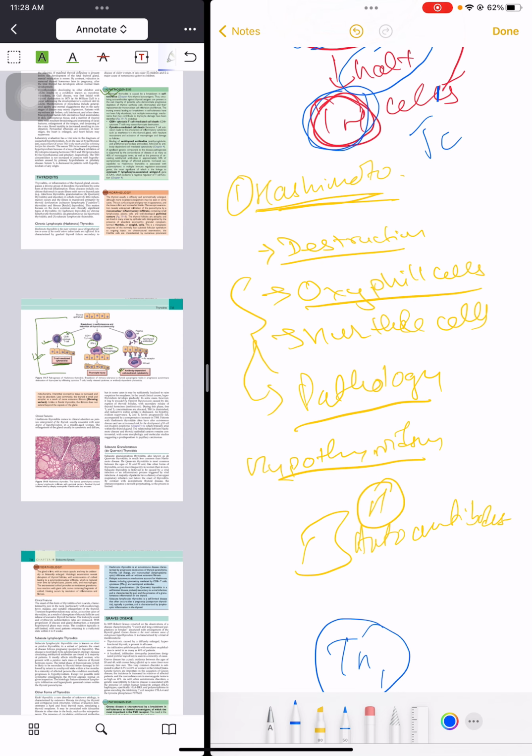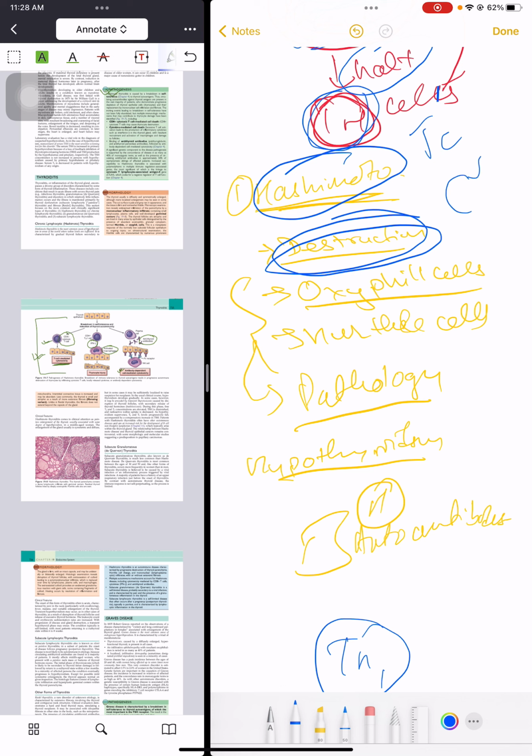Now let's come to the major components. In Hashimoto, what is going to happen is the destruction of the thyroid cells. Basically this butterfly shaped structure is going to be destroyed. The follicular cells of the thyroid are going to be destroyed, because of which the follicular cells cannot form the thyroid colloid.